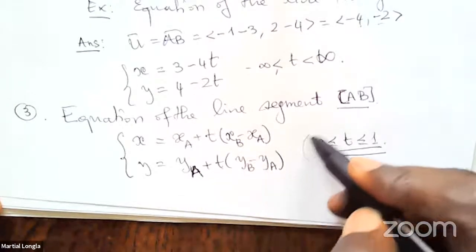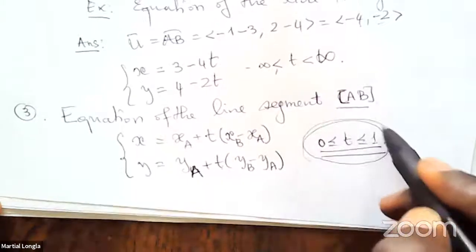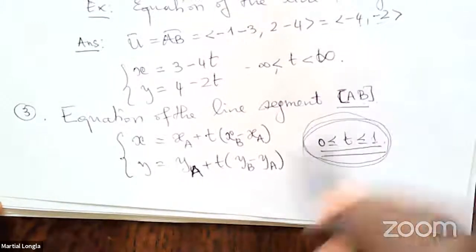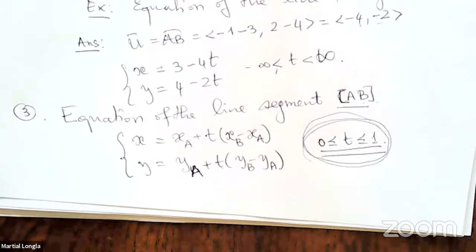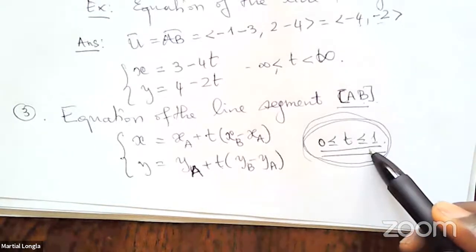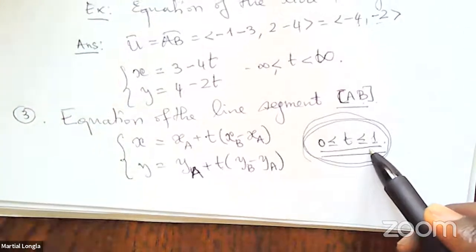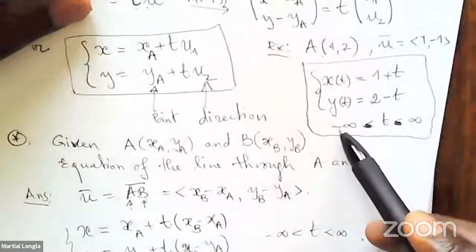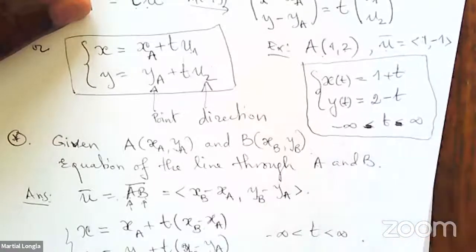And it is important to know the range of t for which you're defining the line segment, because the difference between the line and the line segment is only that range. For a line segment, you have a range that is limited, and for a line, the range is not limited. It goes from negative infinity to infinity. Any questions?